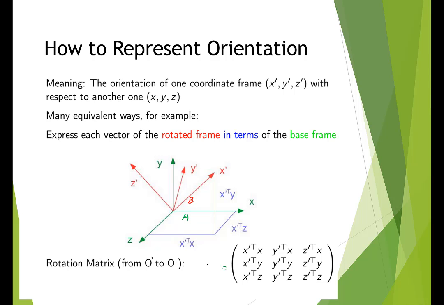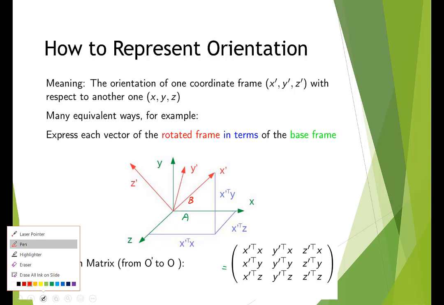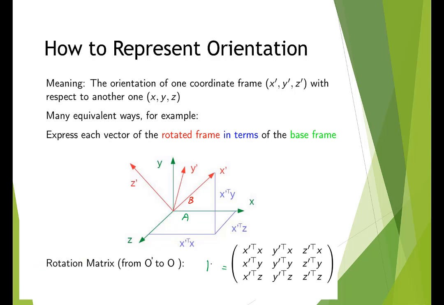Usually in practice, the one that we really care about is the second one, something that would bring a rotated frame B to a fixed frame A, this one. If we call our rotated frame B, it would bring it to frame A. And in some textbooks, instead of x prime transpose x, you would see x transpose x prime.